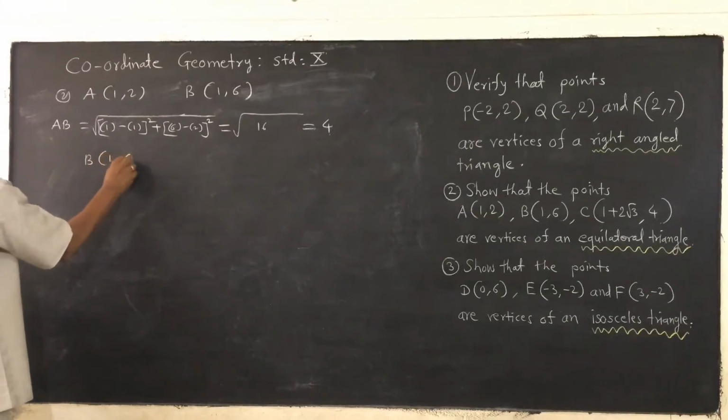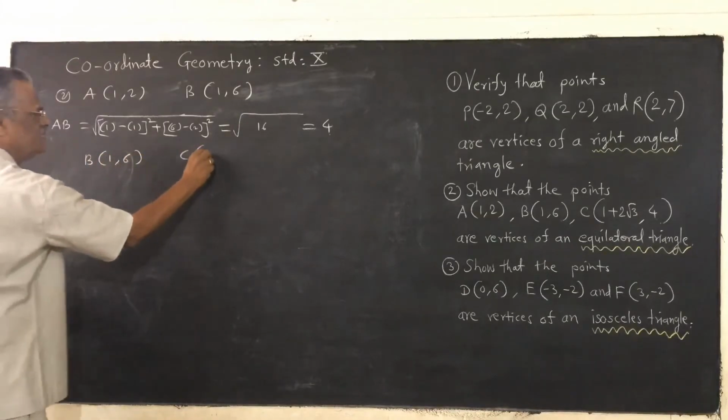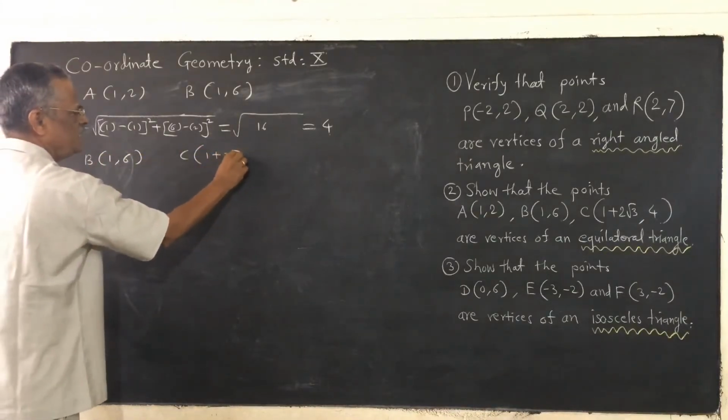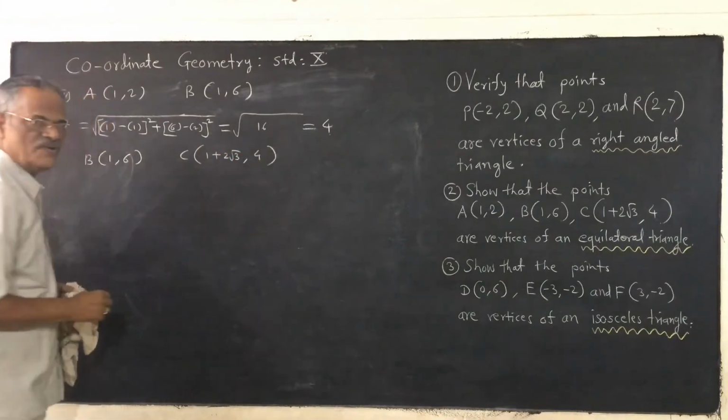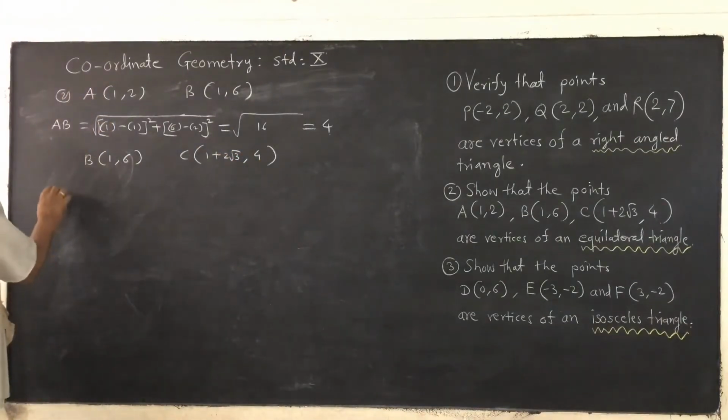After that, second point B. B is (1, 6), and C is (1 plus 2 root 3, 4). These are the coordinates of B and C. So we have to calculate BC there.